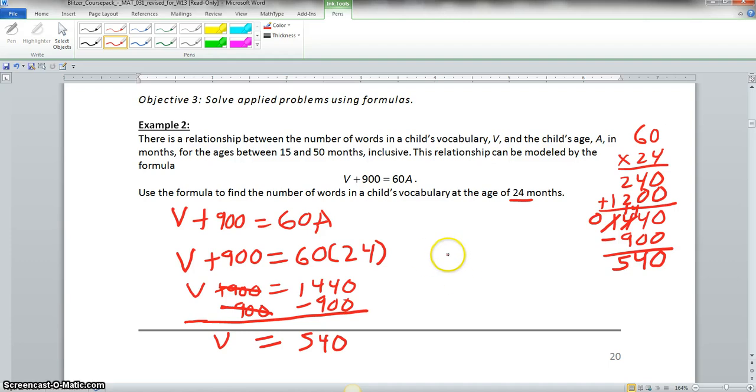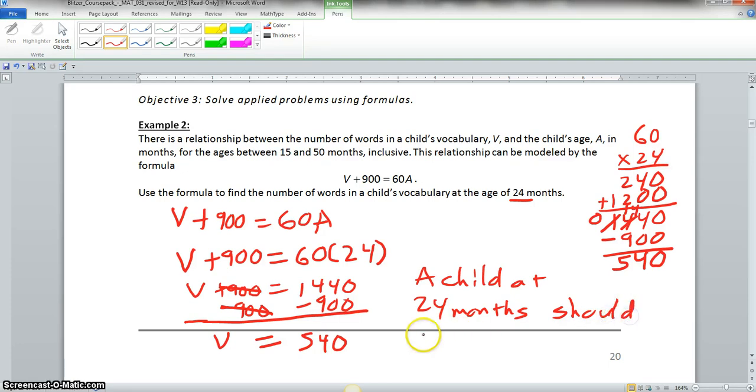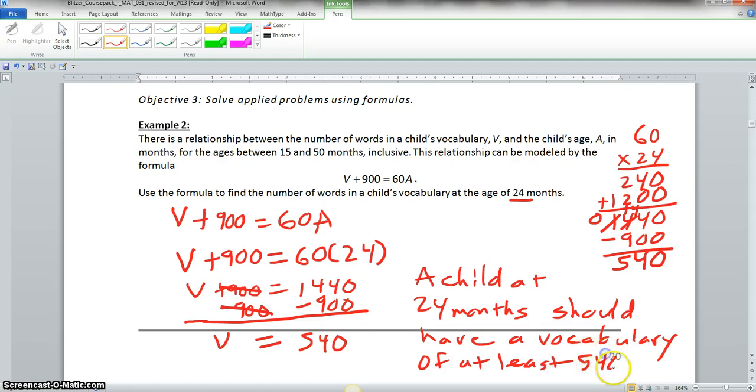So what you would do is you would say that a child at 24 months should have a vocabulary of at least 540 words. And that would be your final answer.